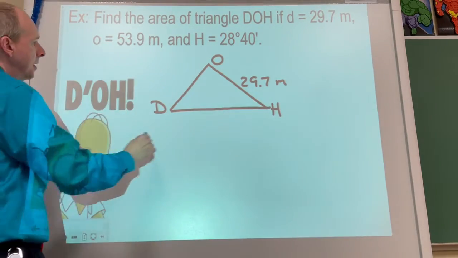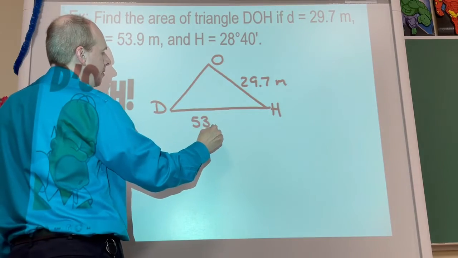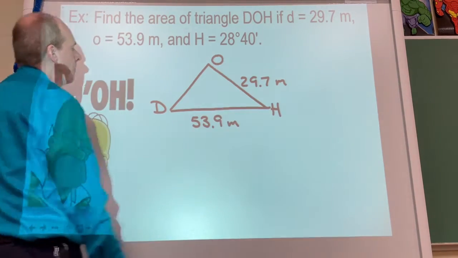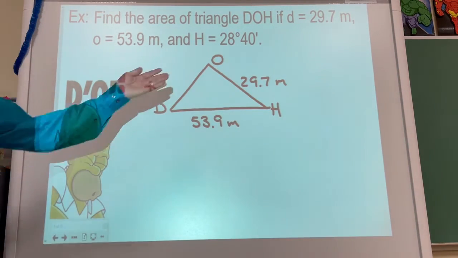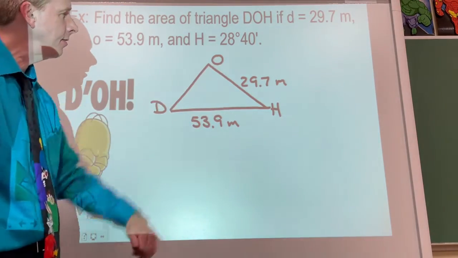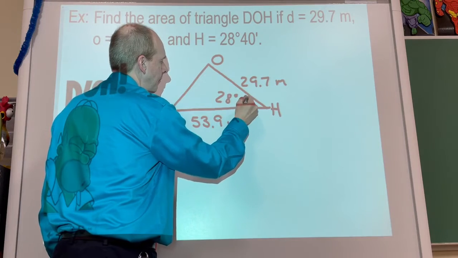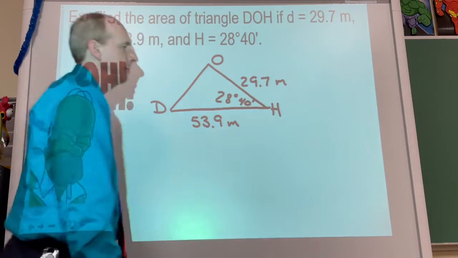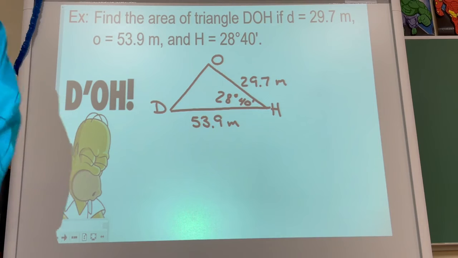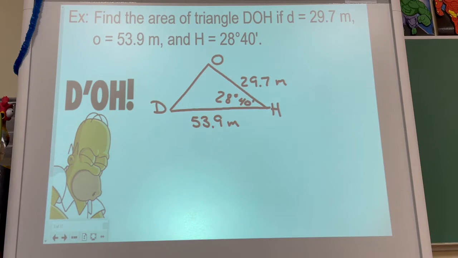Side o, that's 53.9 meters. And angle h is 28 degrees 40 minutes. So almost 29 degrees, not quite. You have to get to 60 minutes to make a full degree.